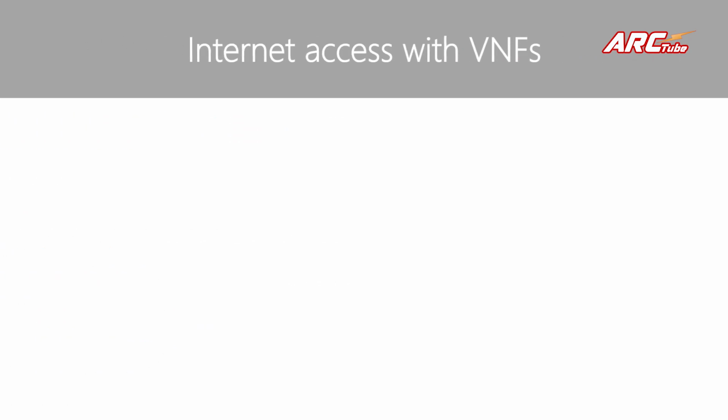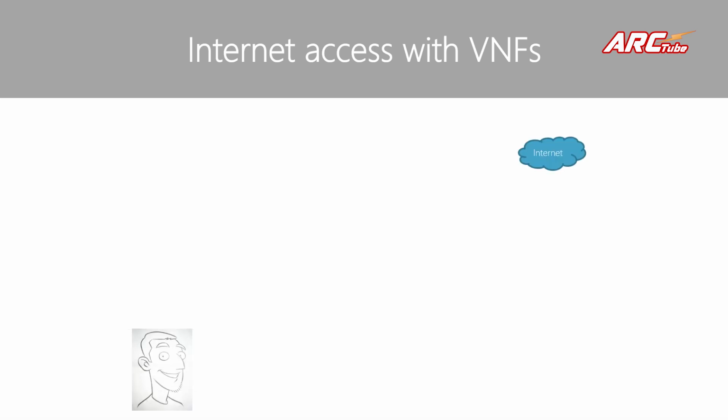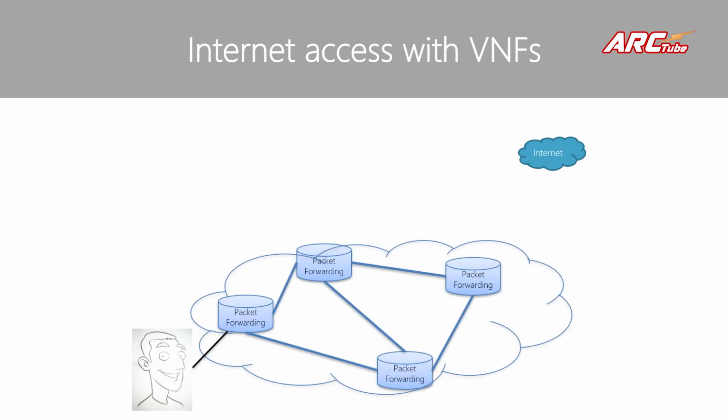Let's look at the same internet access example using VNFs or virtual network functions instead of PNFs. Now, the same person, me, wants to access internet, and the same network is there, either implemented on software defined networking or hardware defined networking.